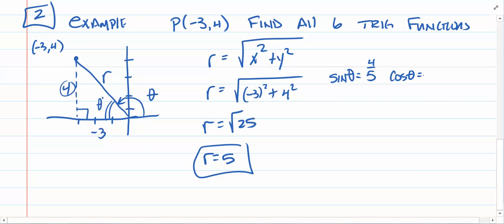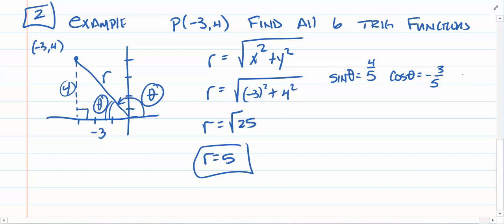Yeah, the cosine of theta has to be the adjacent over the hypotenuse, so -3/5. So even though I'm talking about this angle in here, it's the same ratio as that angle outside, except in quadrant number 2. So it makes it negative, right? I realize those angles are different, but the ratios that they produce for cosine are going to be the same.